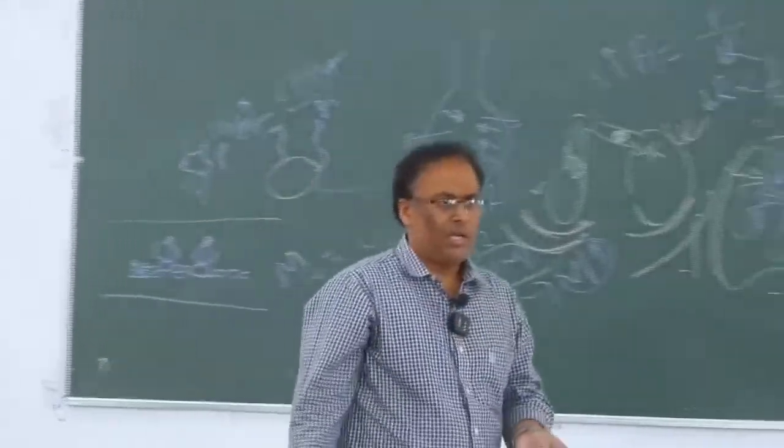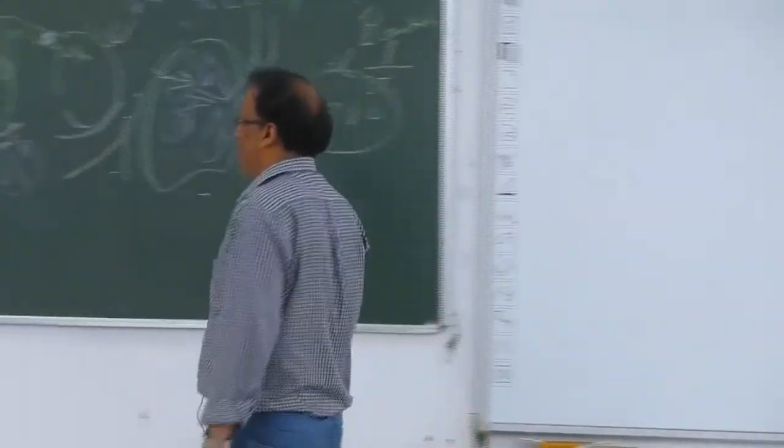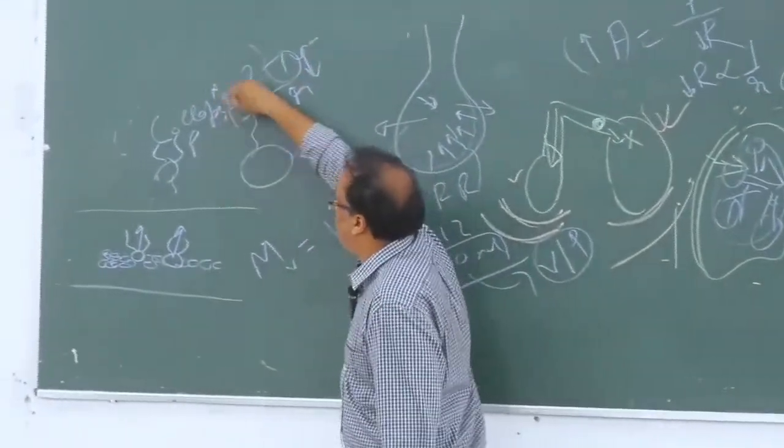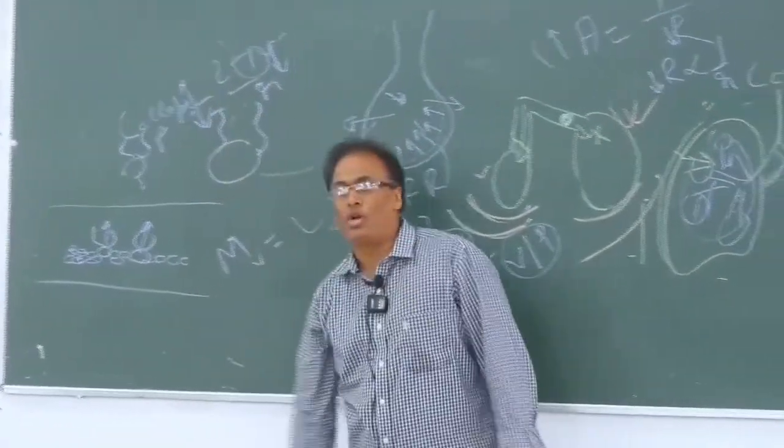I need this. If this were not there, I would have been gasping all the time. So surfactant helps, and surfactant reduces this, so that collapsing pressure must be reduced so that this is not collapsible.